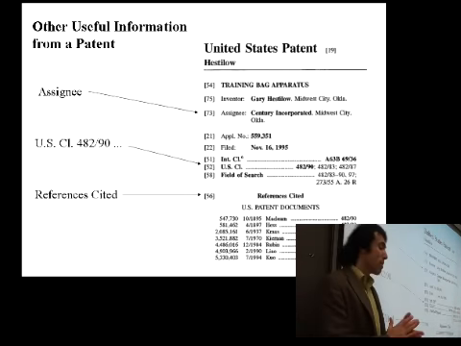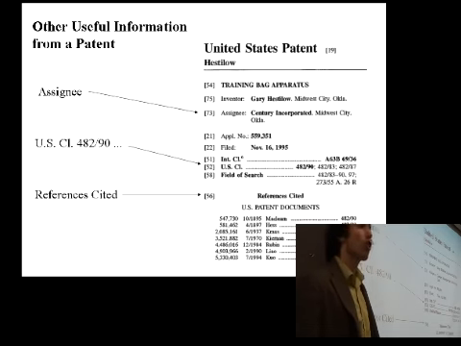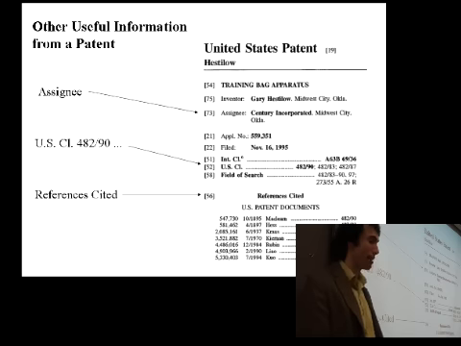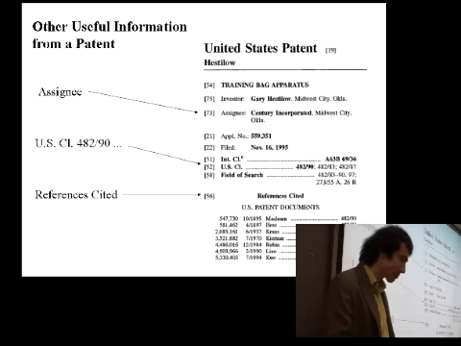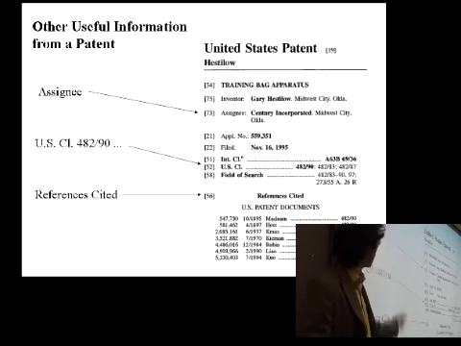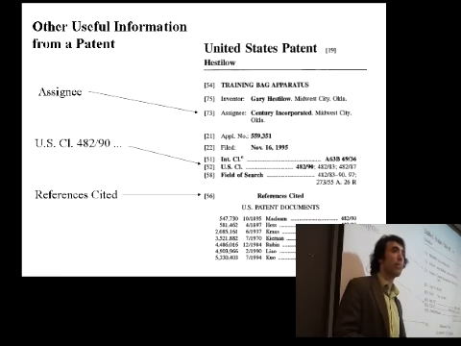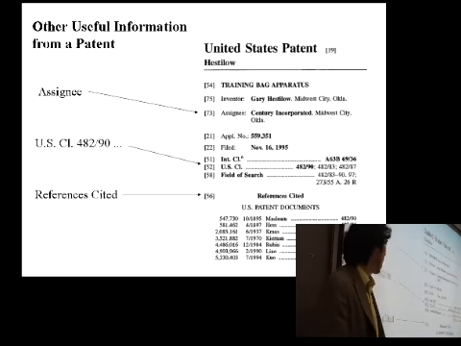Now there's other useful information you can get from a patent. Here's one for the punching bag we're going to talk about in the second part of the class. And you see they called it a training bag apparatus, so they didn't use the word punching. But that's okay. There's a couple cool things that we can learn when we see a patent. One is the assignee. Assignee is basically a person or company that owns a patent.